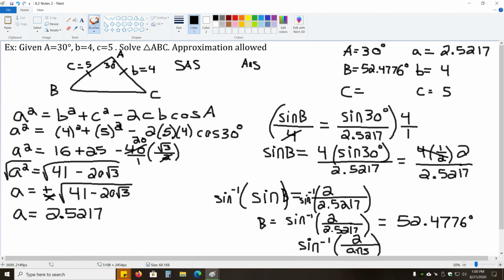This is the answer you got when you solved for A. So right when you typed in this, right over here, to get A equals 2.521 and so on, it should be a very long decimal.